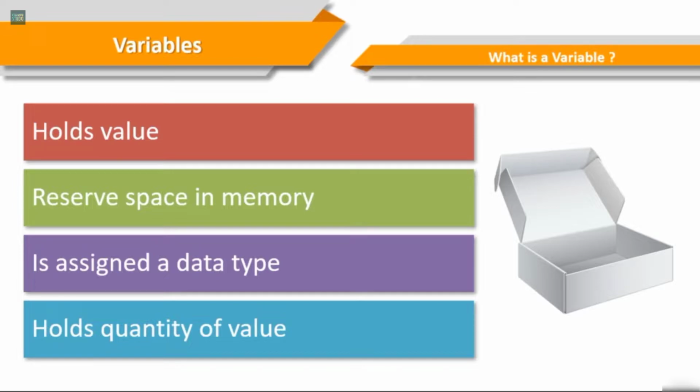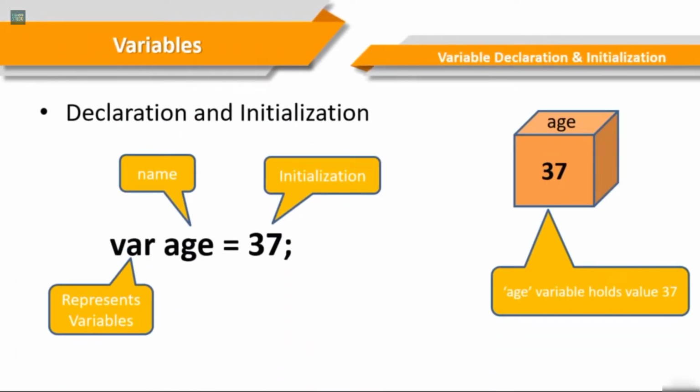Because there are two different steps to use a variable in a program, all right? Declaration and initialization. In order to declare a variable, you must specify the variable and give a unique name to the variable. So in our example, we'll declare the variable to be age.